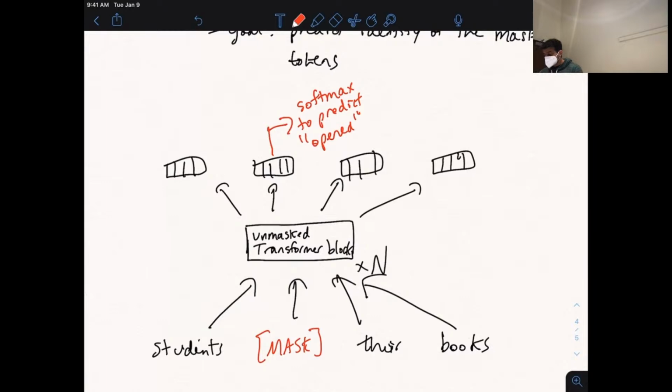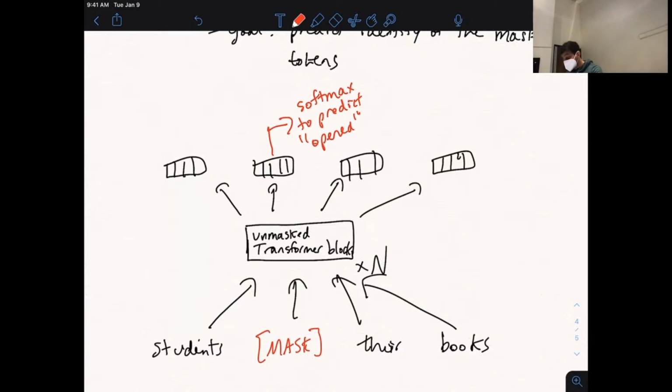So another thing you might be wondering is, why does this pre-training objective force the model to learn useful linguistic properties of the input sentence? The motivations for this task are very similar to those of language modeling, right? In order for the model to predict the word "opened", it needs to understand, first of all, that it's likely that a verb comes in this mask slot.